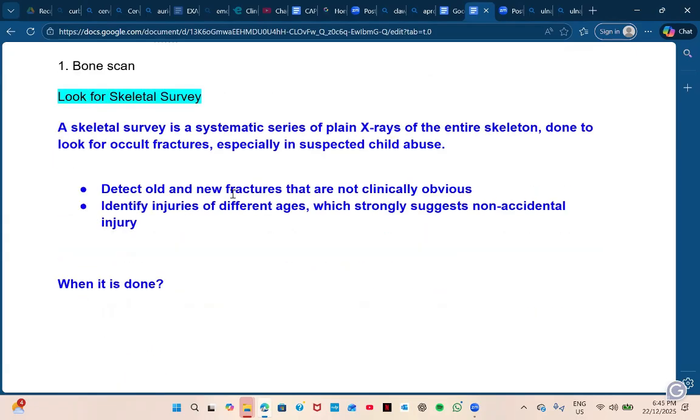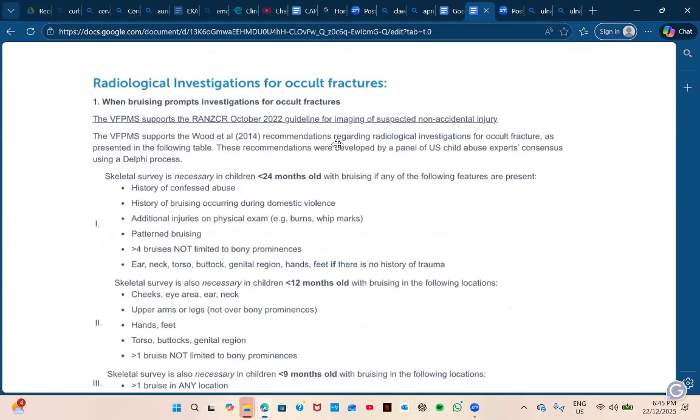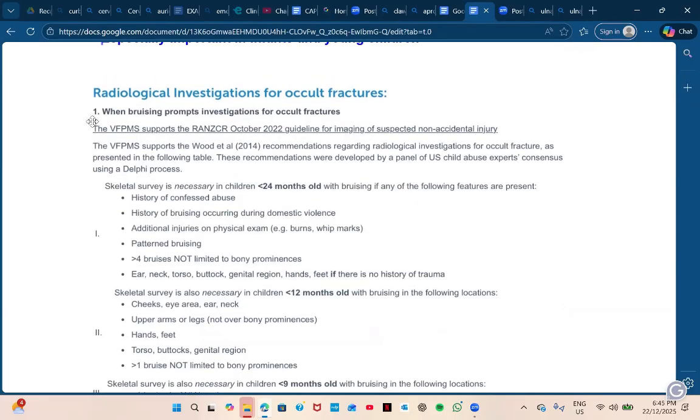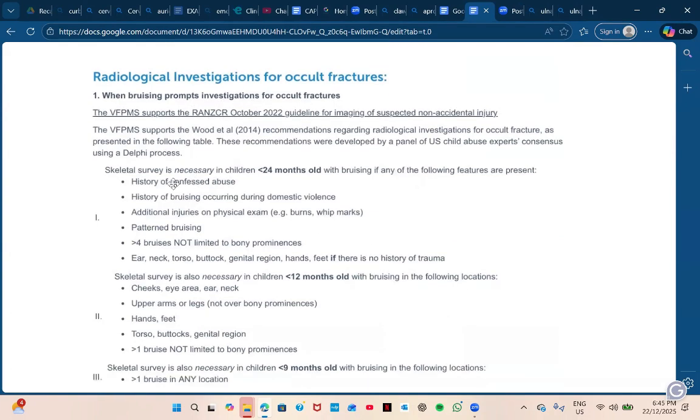I'll show this one. When we are suspecting child abuse, for investigation of occult fracture, a skeletal survey is necessary in children less than 24 months old.